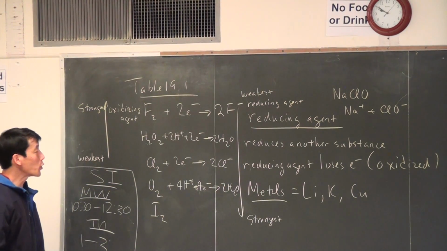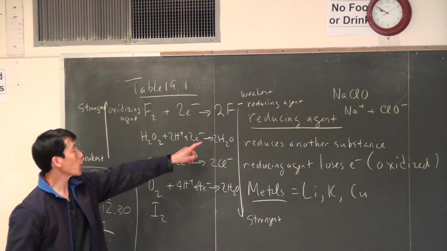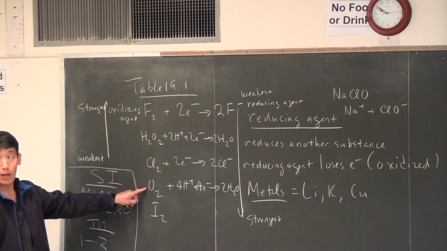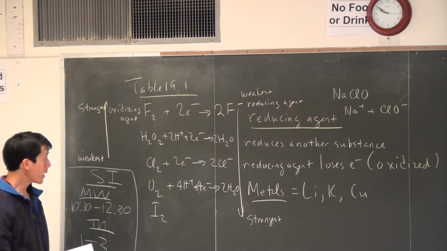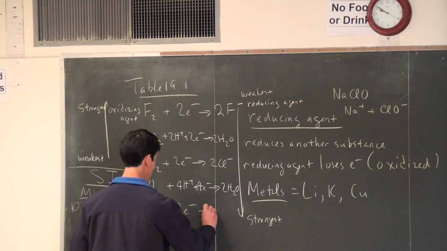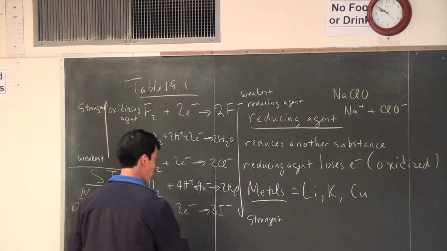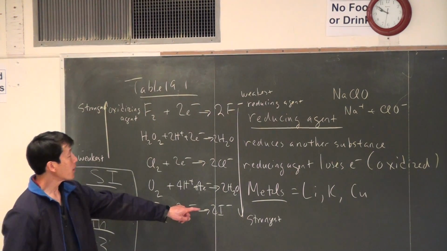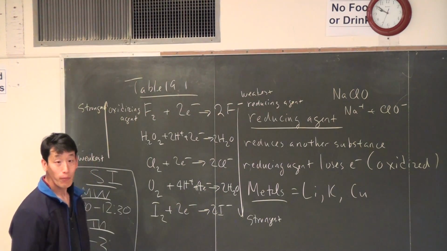Note that water is the corresponding reducing agent for hydrogen peroxide as well as for O2. And then for iodine, the iodide ion is the reducing agent. So of those reducing agents, which one is the strongest reducing agent? Yes, note that I minus is the strongest reducing agent.